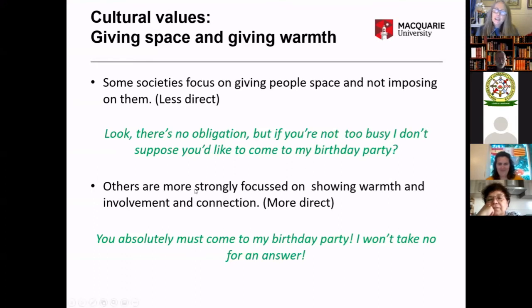Okay, so it's not just the language here which makes it appropriate. It's fitting in with the culture of the country that it's related to. So other cultures are more strongly focused on showing warmth and involvement and connection. And these are the cultures that tend to be more direct. The language use is more direct.